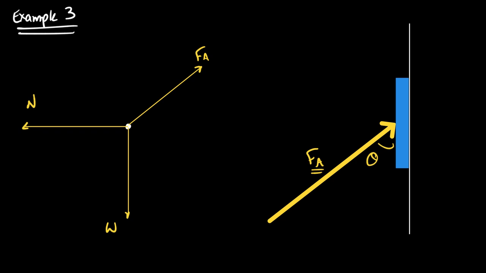Are there any ropes or strings or cables connected to the book? No. The book was sliding up the wall. Is it possible that there was a frictional force acting on the book? Friction needs to be drawn in such a way as to be parallel to the surface and oppose the direction of motion.